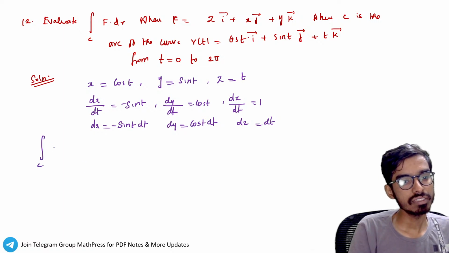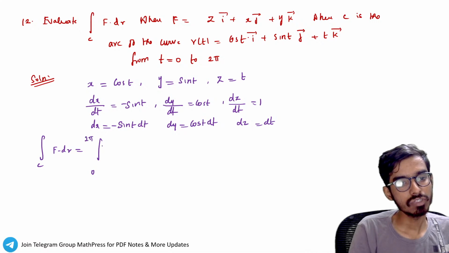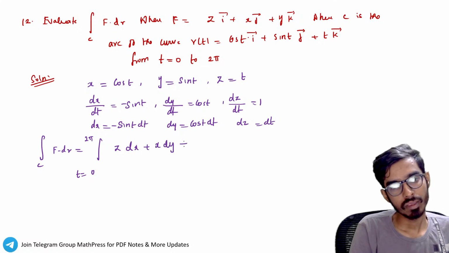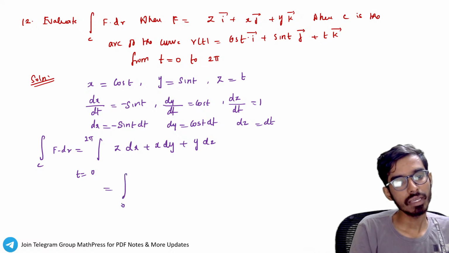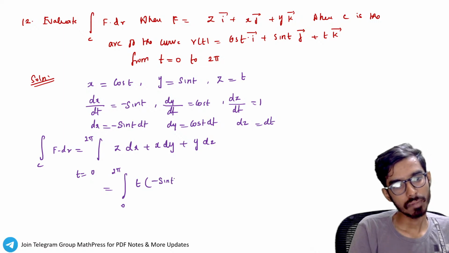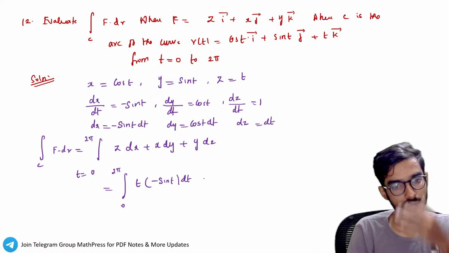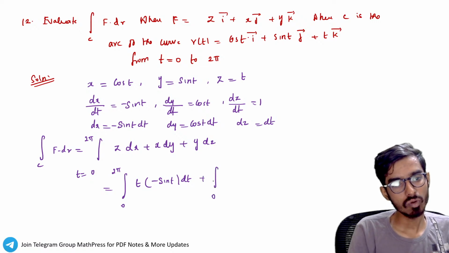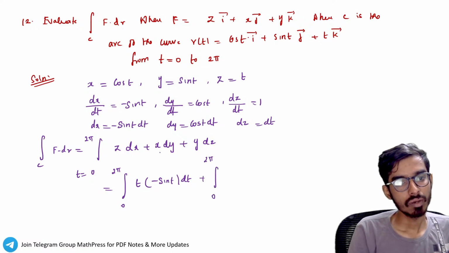So integral over c of f dot dr will be integral over t from 0 to 2 pi. F dot dr is z dx plus x dy plus y dz, right? So this will be integral over 0 to 2 pi, z is t, dx is minus sin t dt, plus integral over 0 to 2 pi of x dy.